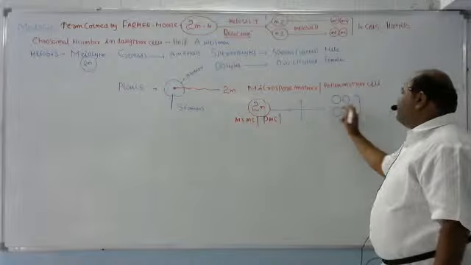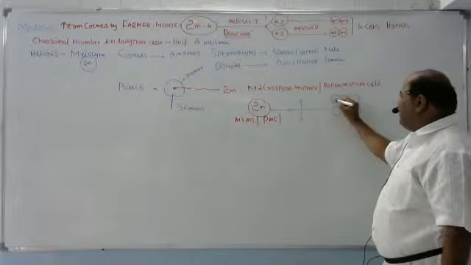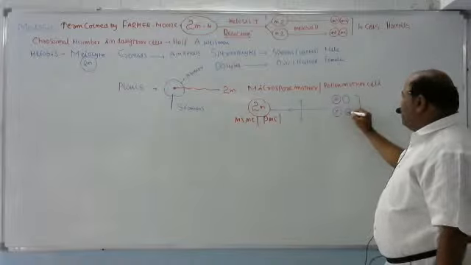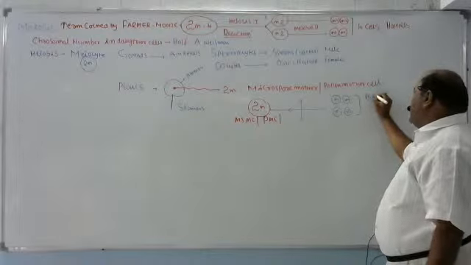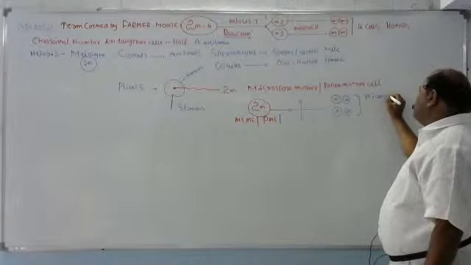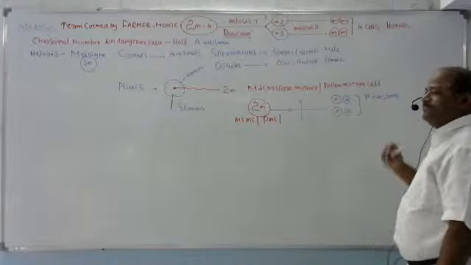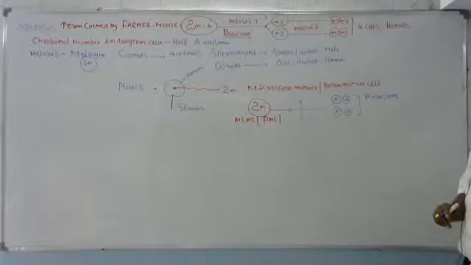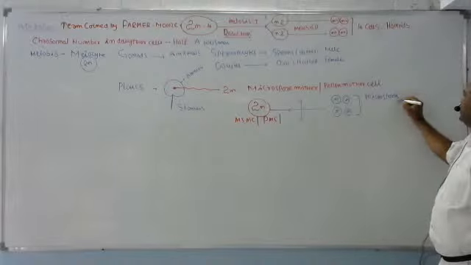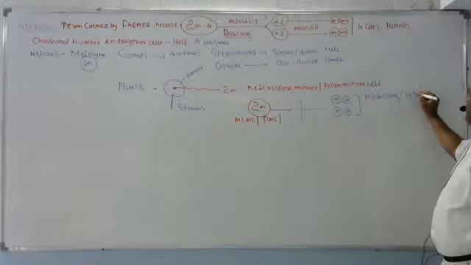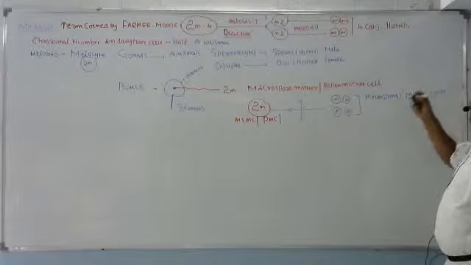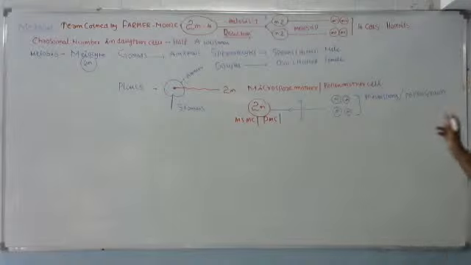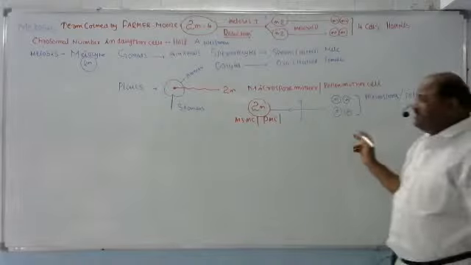Once the microspore mother cell divides and forms 4 haploid cells, these are called microspores. These microspores are also called pollen grains.